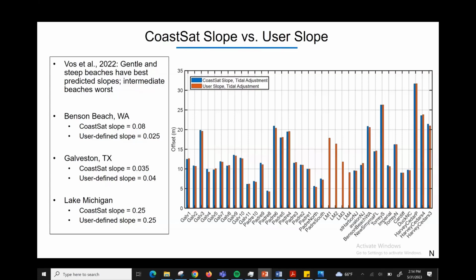So that's good, right? Ideally you would have some field-based slopes, but this is advantageous for using this approach where we don't have field measurements.